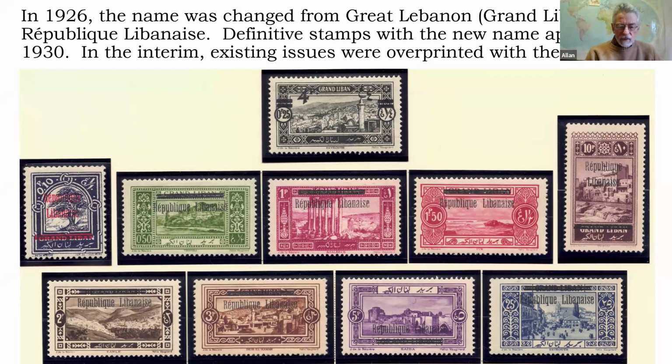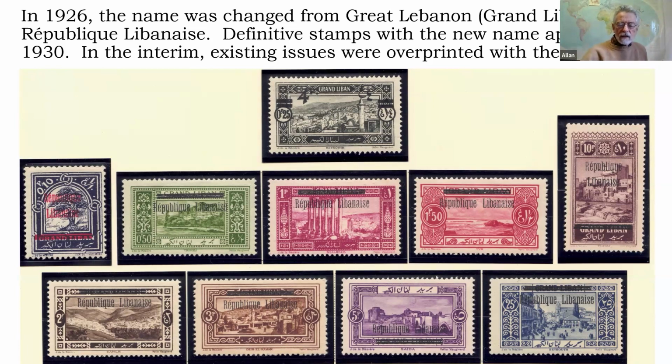But the rest of the stamps on this screen are simply the overprints, Republic of Lebanon, or République Libanaise in French. The name was changed. It was still, of course, under French control, but there was, shall we say, a gesture toward the local autonomy of the region in naming it the Republic of Lebanon.